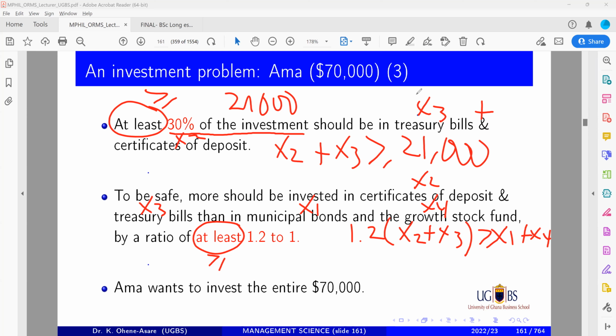But I'm saying that if somebody is naive and is beginning and is thinking through this, the manner you would have done it ideally is that you would have written x2, which is the certificate of deposit and treasury bills, you'd have written x2 plus x3. And you will make it a ratio, because it says a ratio.